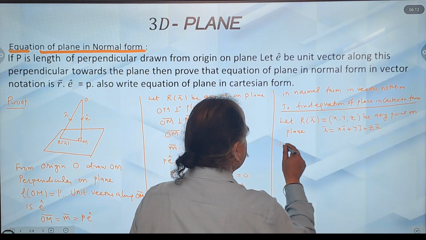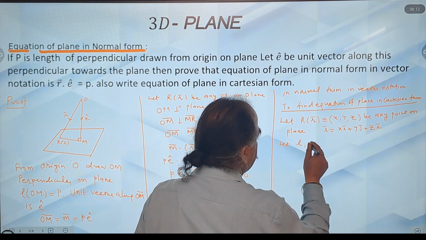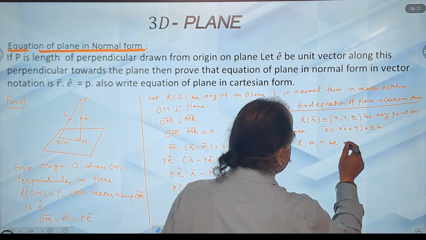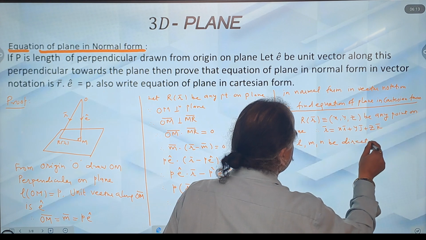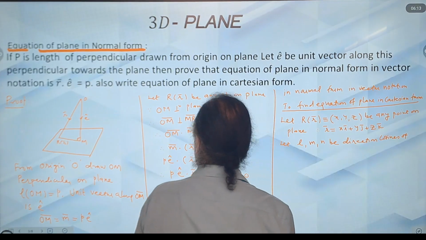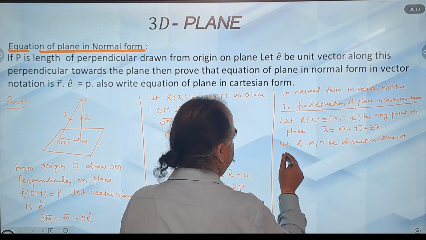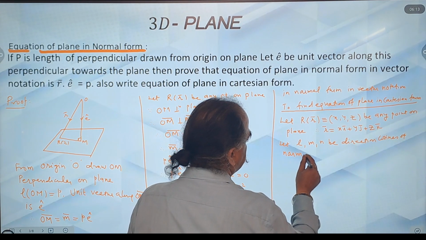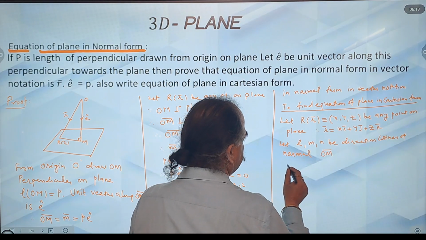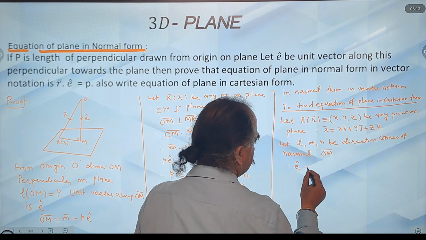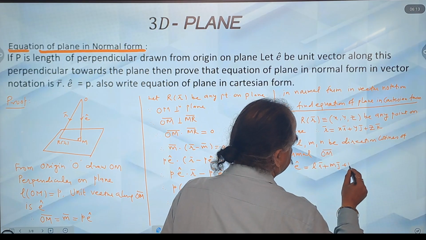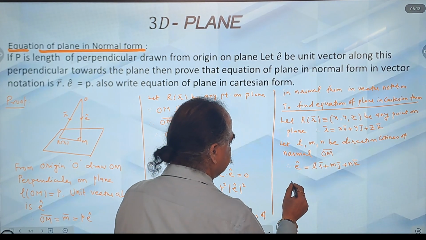Let L, M and N be direction cosines of the normal vector, so E cap is what? Li plus Mj plus Nk.